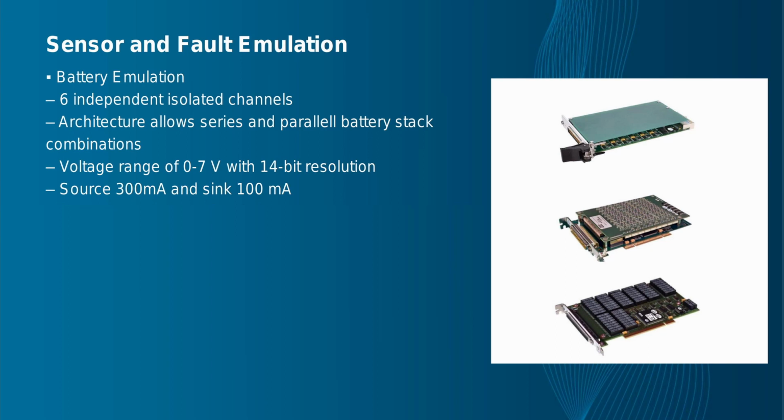Each channel can supply up to 7 volts, which allows us to simulate different cell chemistries. Additionally, each channel can source up to 300 milliamperes and sink up to 100 milliamperes. Also, multiple I/O modules can be combined in series or parallel to achieve the required power levels.